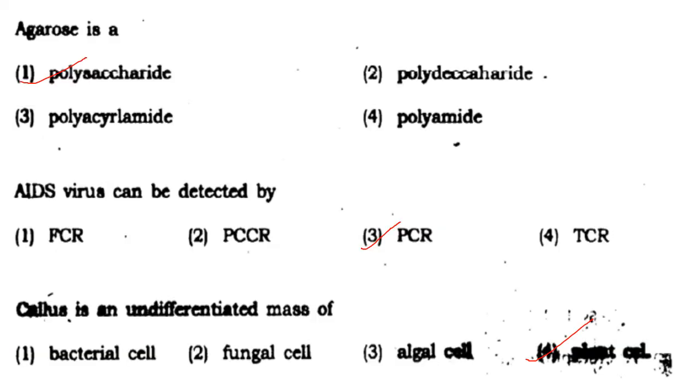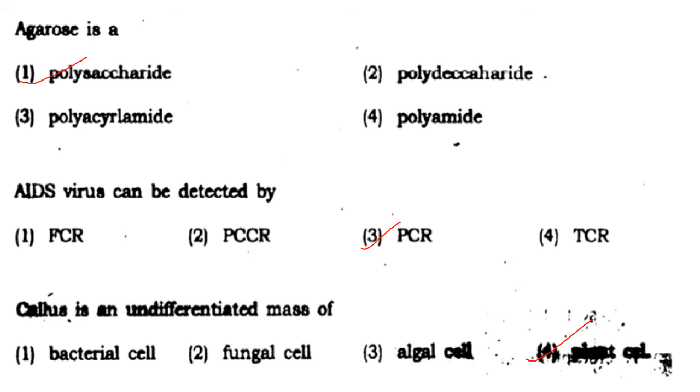Agarose is 1 polysaccharide, 2 polydecaharide, 3 polyacrylamide, 4 polyamide. Answer is option 1, polysaccharide. AIDS virus can be detected by option 1 FCR, 2 PCCR, 3 PCR, 4 TCR. Answer is option 3, PCR.